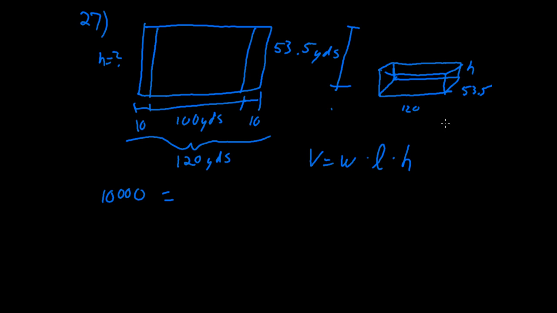We already have the width, which is this 53.5, we already have the length, and we're just trying to find this height. And we already have the total volume, which is this 10,000, so if we wanted to, we could just plug in the values.